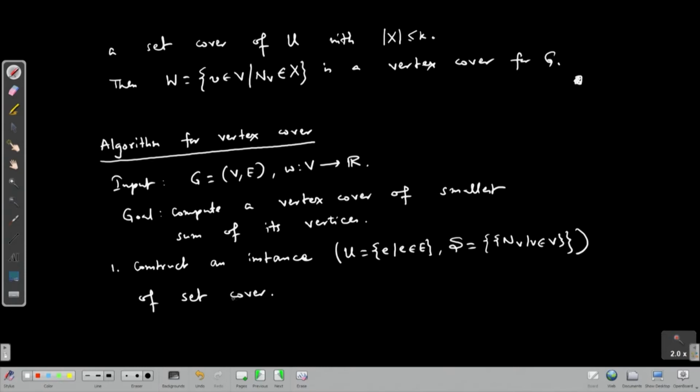Define the cost of each set. Each set looks like N(v). The cost of N(v) is w of v for all v in V.